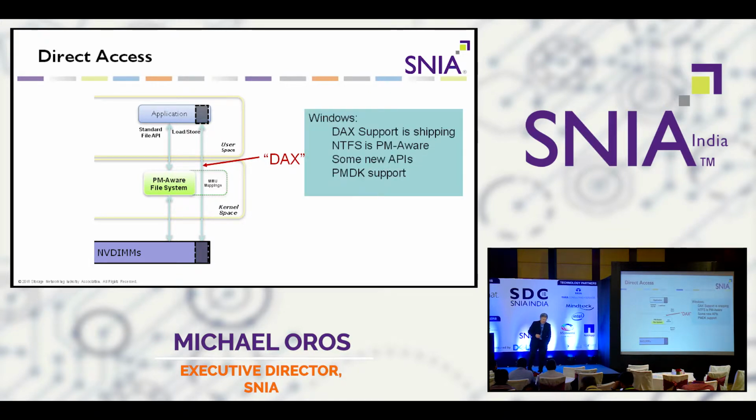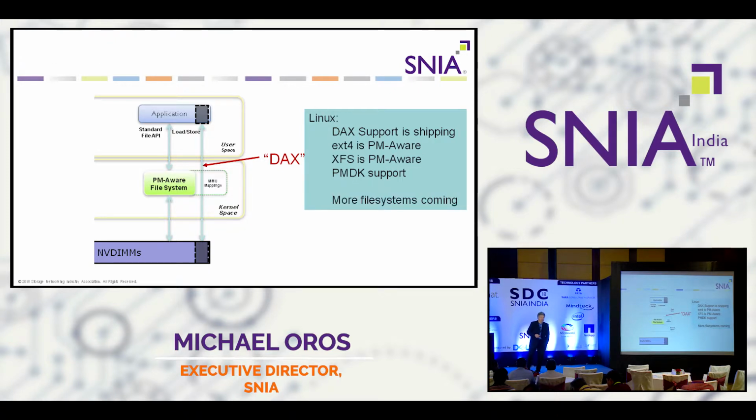So a little bit about the operating systems that support this. In Windows, there is DAX support that's been shipping since 2016, in Windows Enterprise 2016. NTFS is PM aware. There are some new APIs, and there's also PMDK support in Windows. Linux, similar.